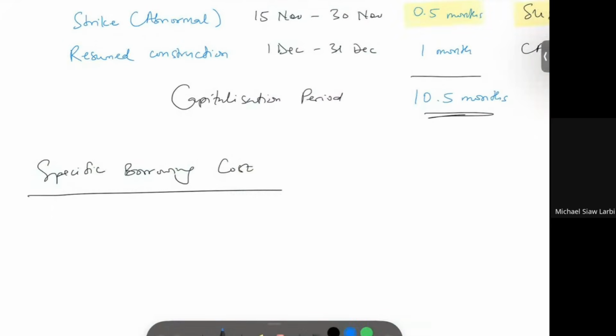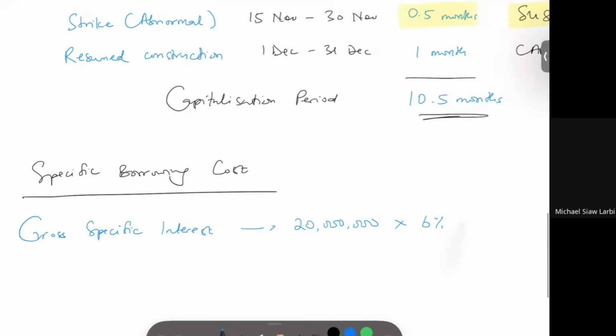So for our specific loan, we have our gross specific interest, which is on an amount of 20 million, at a rate of 6% for 10.5 months out of 12.